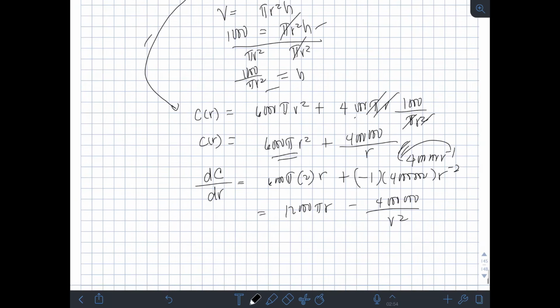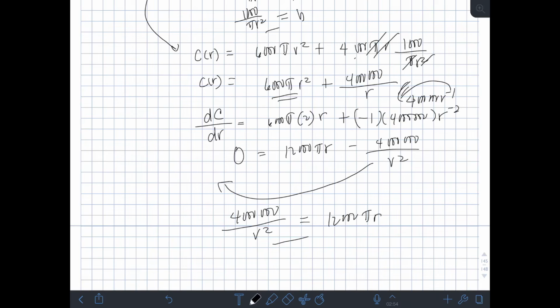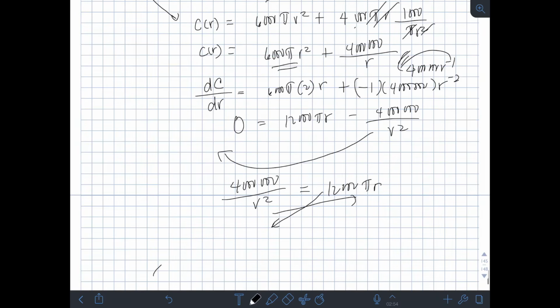Then equate natin to 0. Itong dC over dr, right? So 0. Then solve for the value of r. So transpose ko siya dito. We have 4 million over r squared equal to 12,000 pi r. So cross multiply. 4 million divided by 12,000 pi equals r cube.